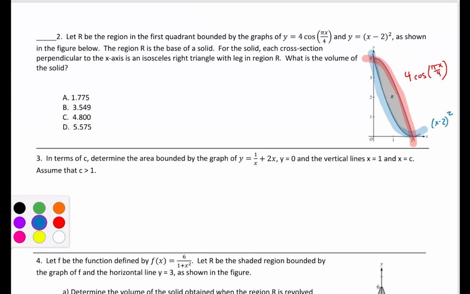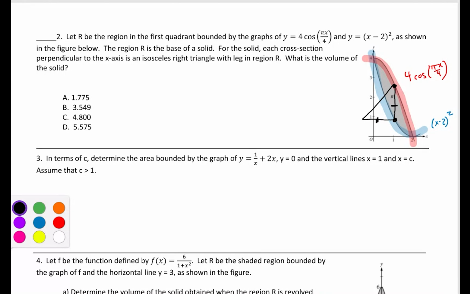Okay, so the cross section is an isosceles right triangle. So if I take a cross section, let's say when x equals 1, this is going to be the side length of that isosceles right triangle. So the right triangle is going to look basically something like this. I'm not really putting any depth into it, but this side length is going to be the same as this side length.